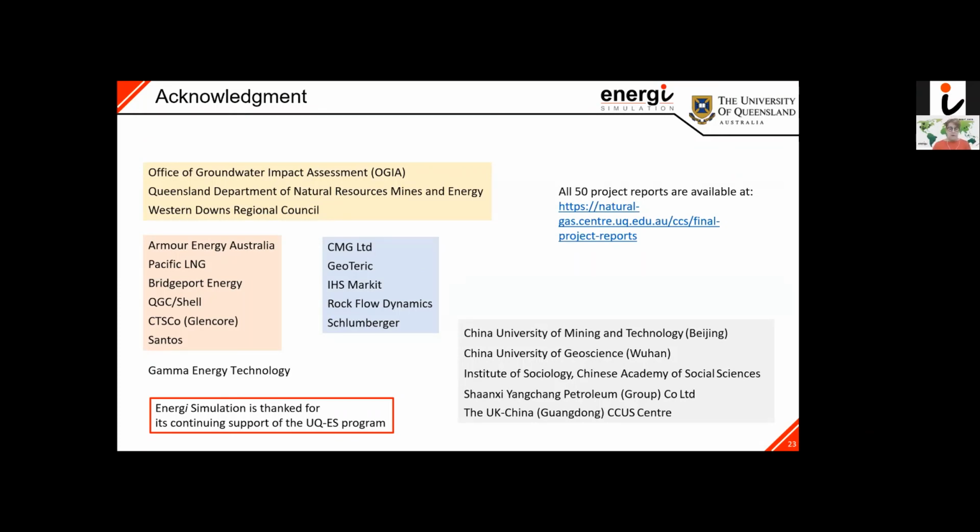Okay, so storage. Yes, so within the region where the CO2 spreads, it dissolves in water, and we have used that dissolved water as a proxy for water quality degradation.